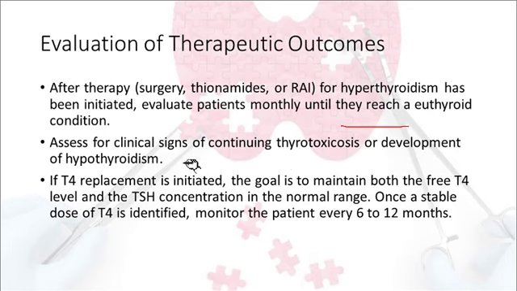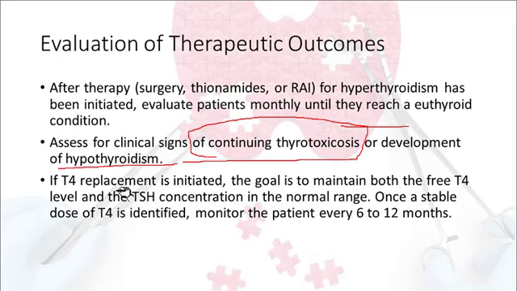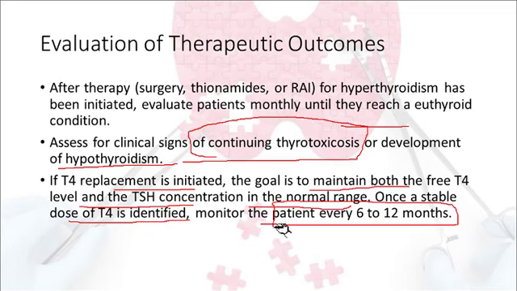Basically, assess for clinical signs and symptoms of continuing thyrotoxicosis or the development of hypothyroidism. If T4 replacement is initiated, the goal is to maintain both the free T4 levels and TSH concentrations within the normal range. Once a stable dose of T4 is identified, monitor every 6 to 12 months.